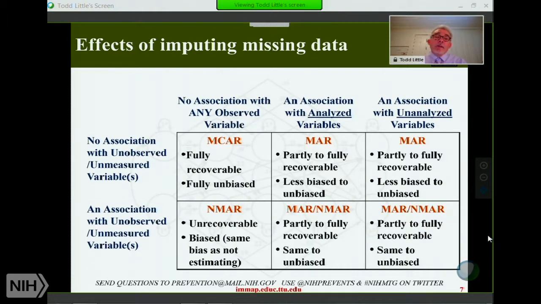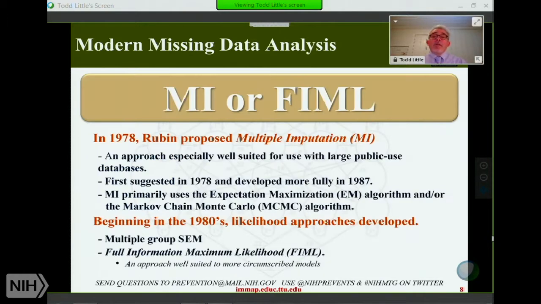Now, one of the key things to keep in mind, I'm going to jump ahead a slide here if you don't mind. There are two basic modern missing data approaches: MI, or multiple imputation, and full information maximum likelihood. The two approaches have been around for some time, since the 1980s. Multiple imputation, the goal there is to recover the sufficient statistics.